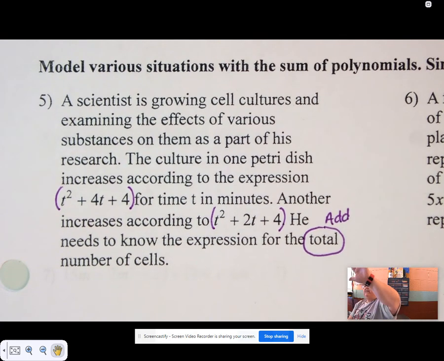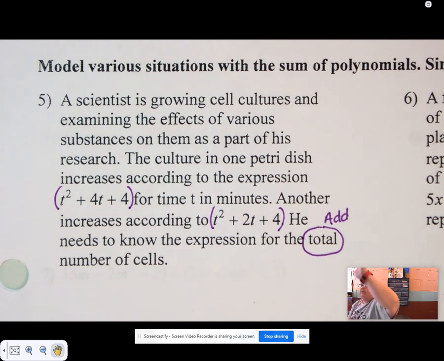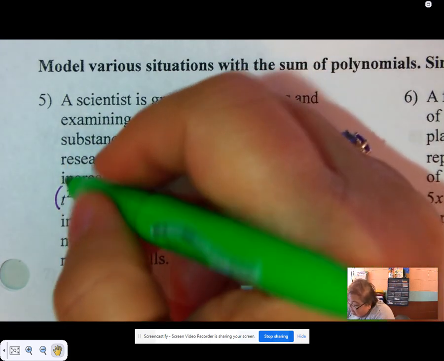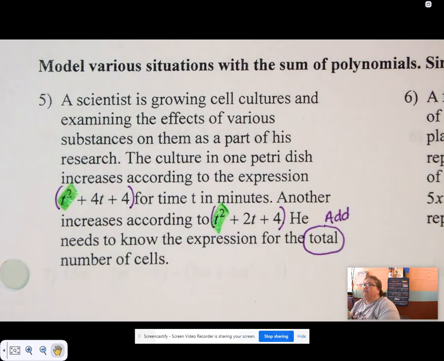Now, with these modeling questions, if it is adding, I don't need to rewrite anything. Since I've got parentheses around them, I can go ahead and find my like terms. So I've got t squared and I've got my t squares.